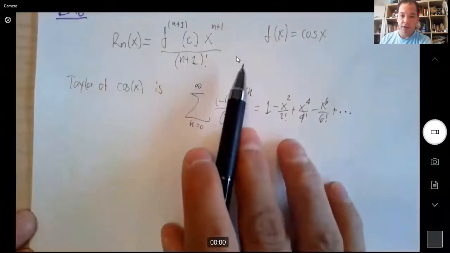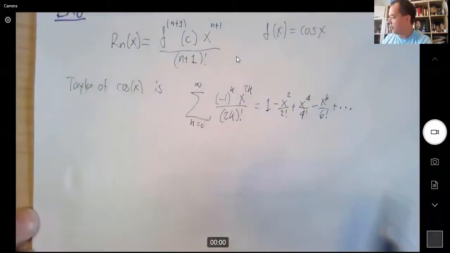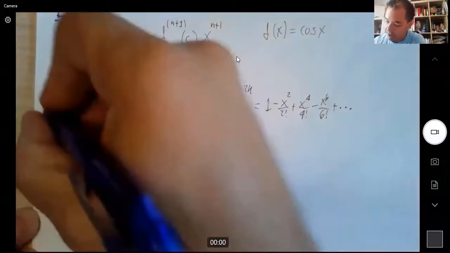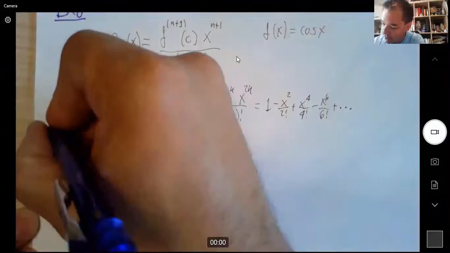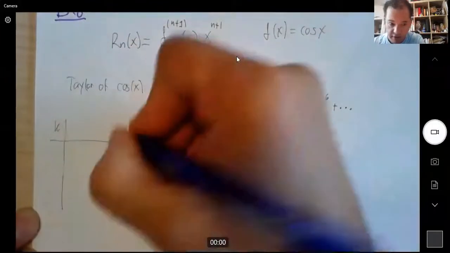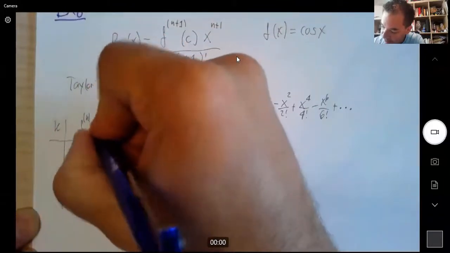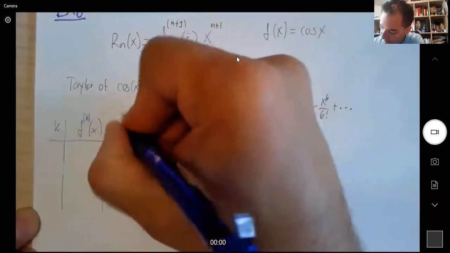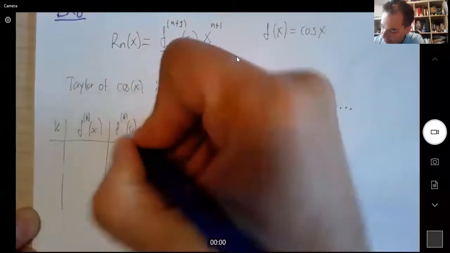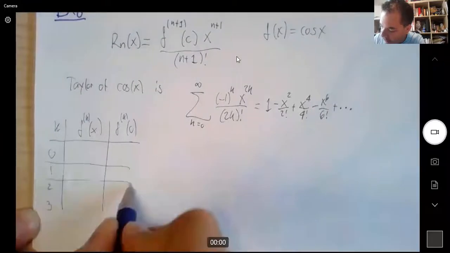Okay, so let's write down the expression for this remainder. For that, we need to know the derivatives. And we've done this before, so let's just write them here. If we write the k-th derivatives and plug in 0, we know that it's periodic of period 4.